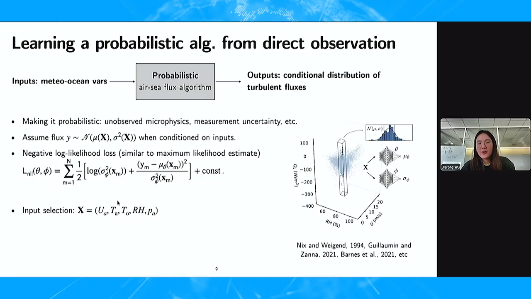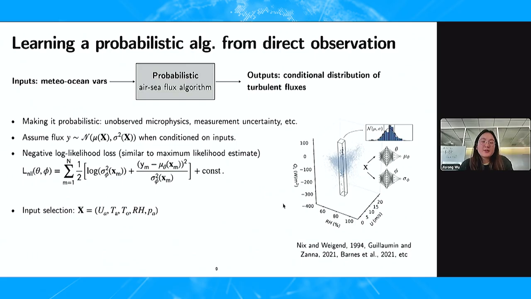We learn this by minimizing the negative log likelihood loss, which is basically a maximum likelihood estimate. Using some pretty small neural networks, there is a separate neural net for the mean and the standard deviation, and we learn those for all three fluxes.